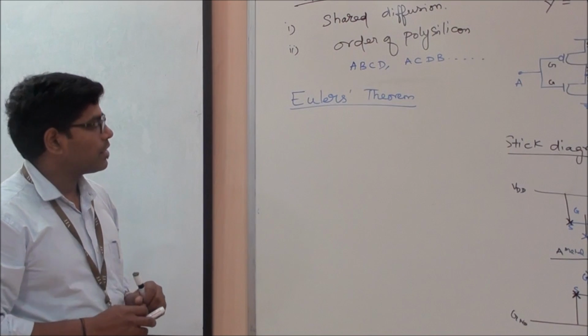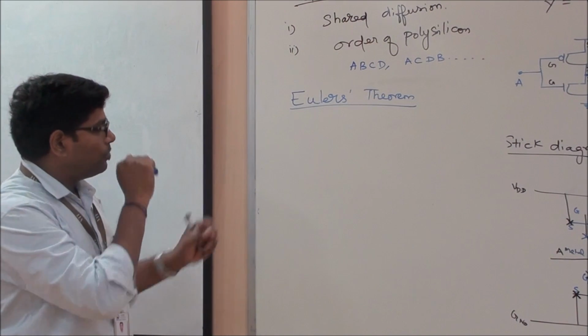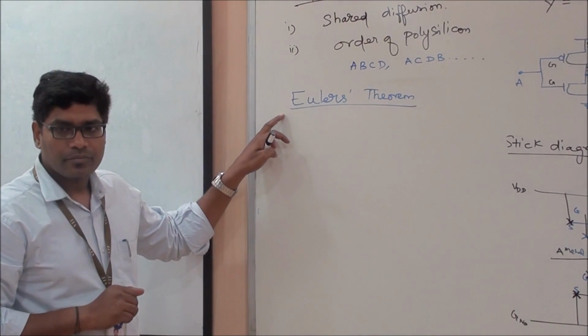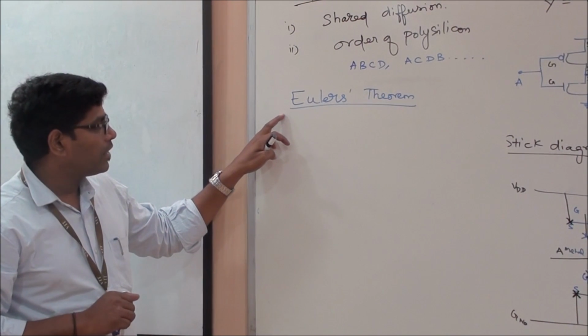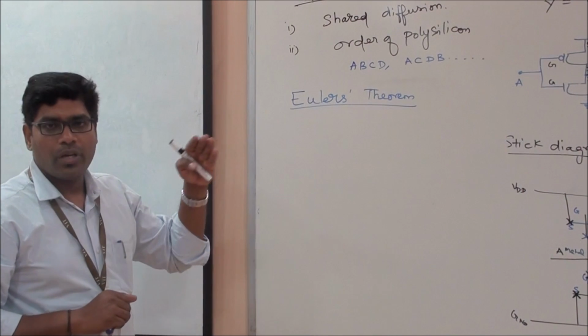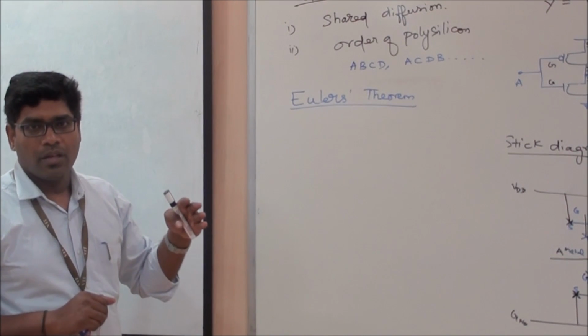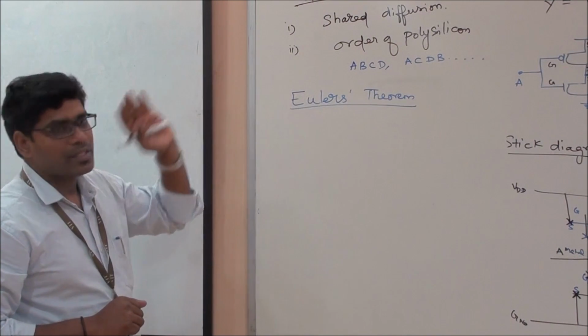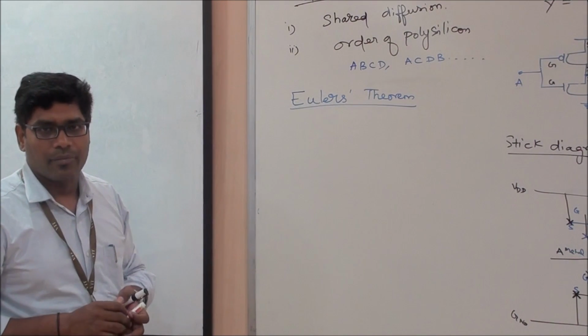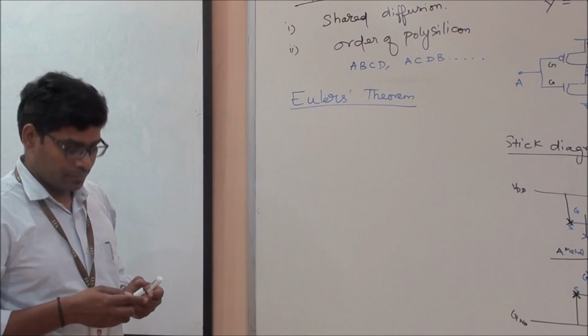Very simple thing is, let's take a Boolean function and see whether that Boolean function could be drawn with an optimized stick diagram using this Euler's theorem.